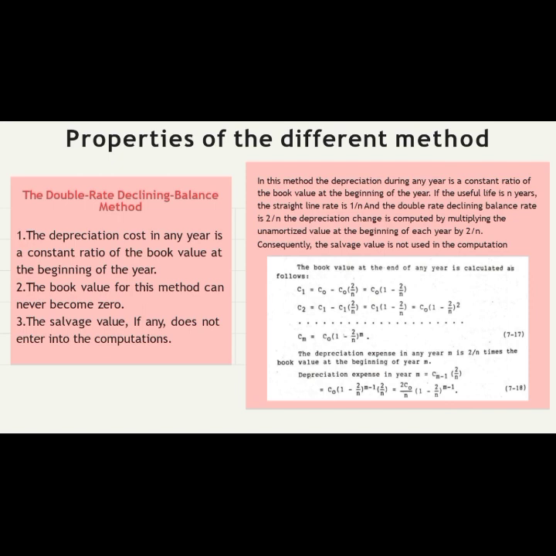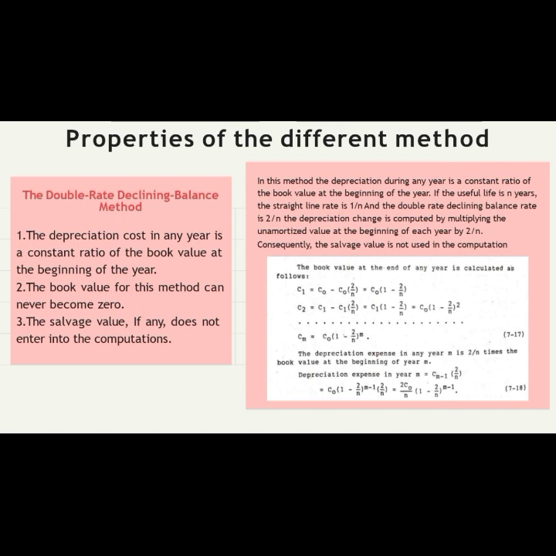So, dara makita na to sa figure na ang book value at the end of the year is calculated as. So, dara, C sub 1 is equal to C sub O minus C sub O times 2 over n, equals C sub O times (1 minus 2 over n).